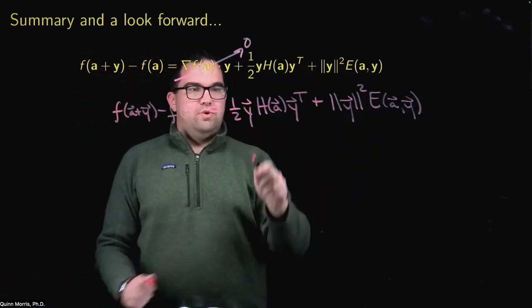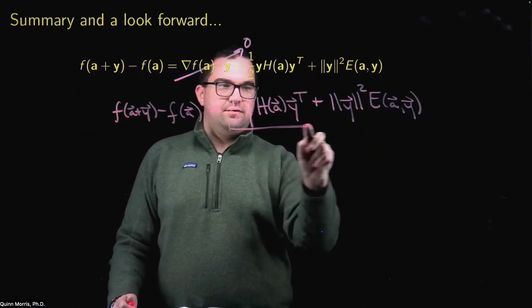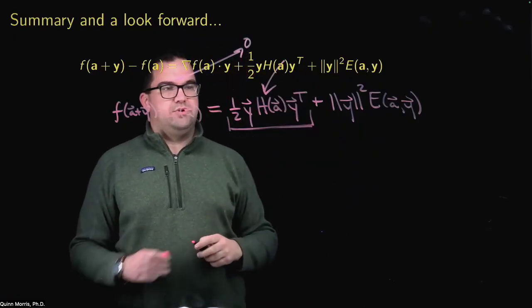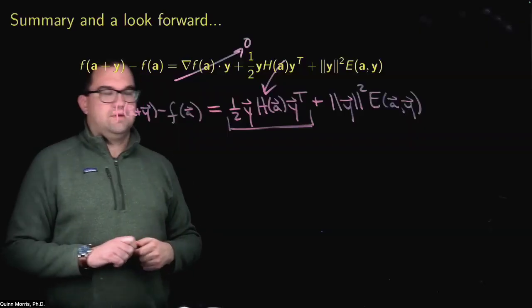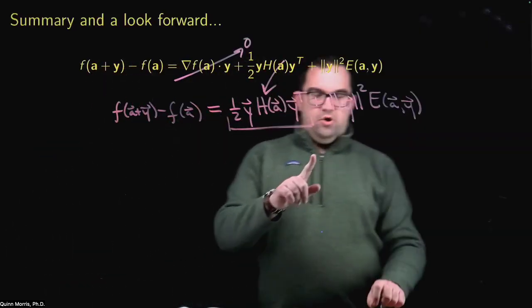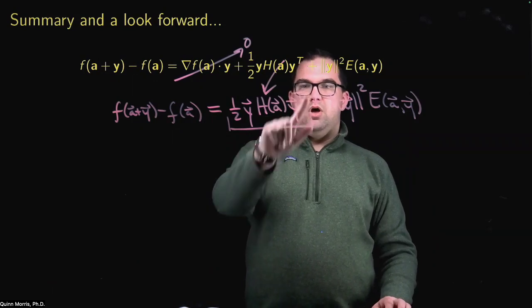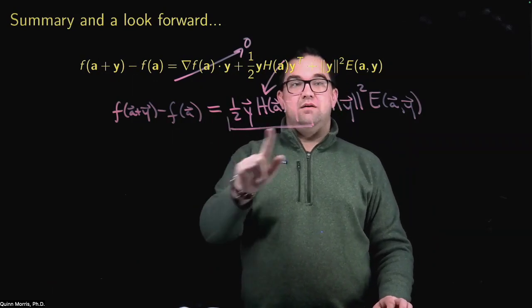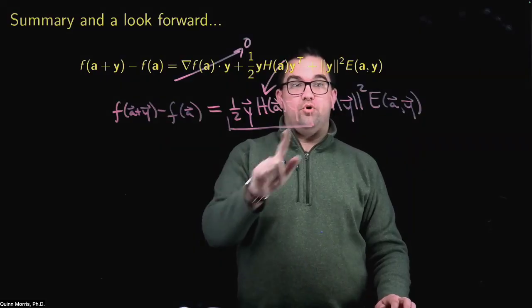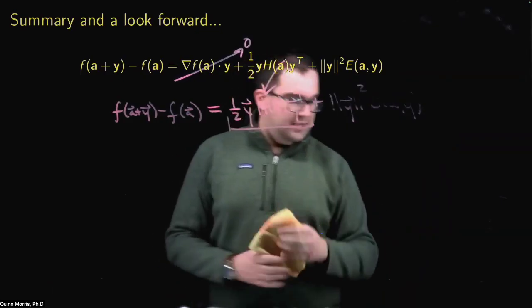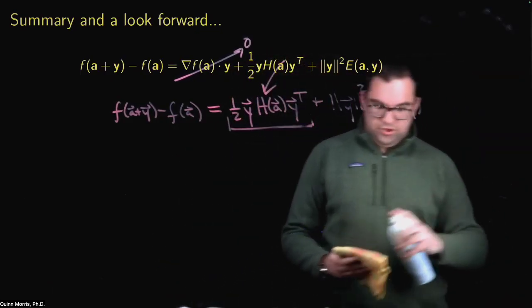So we really need to understand how the sign of this quadratic form depends on the Hessian matrix H.